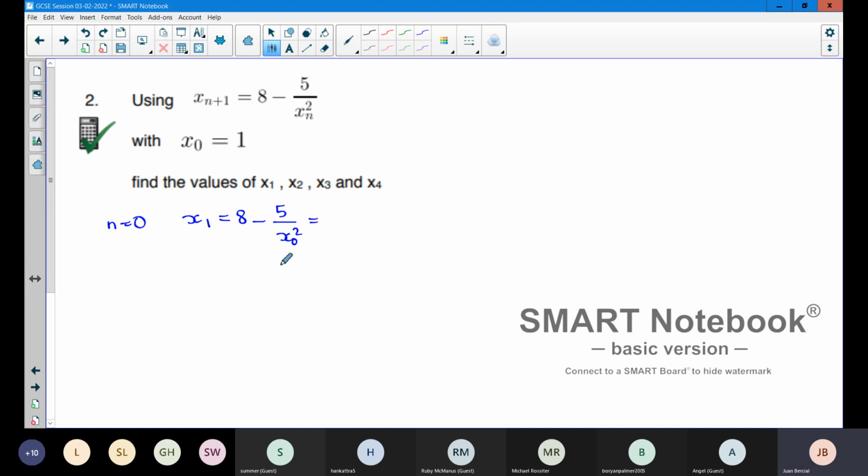But x0 is equal to 1. So we've got 8 minus 5 divided by 1 squared. What I'm going to show you is how we can use the calculator to find the different values, because x2 will be 8 minus 5 divided by x1 squared. But with the calculator, using the ANS button, we feed that value back into it.